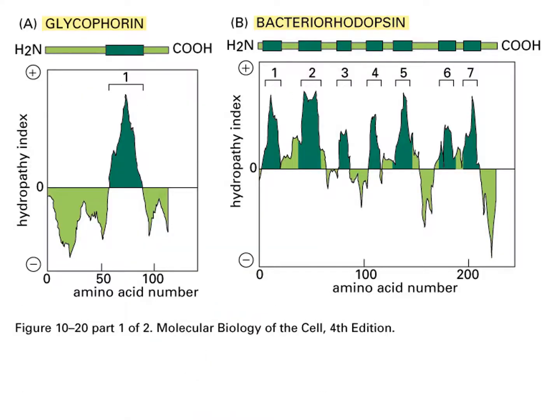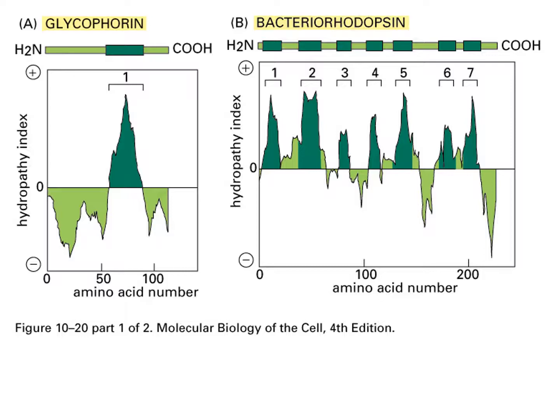Here's a membrane protein, glycophorin, and the hydropathic index on this side is hydrophobic, and on this side is hydrophilic. So by running the protein's amino acids, you would predict this is the domain that binds and goes through the lipid bilayer here.